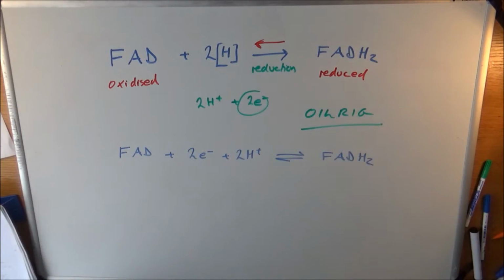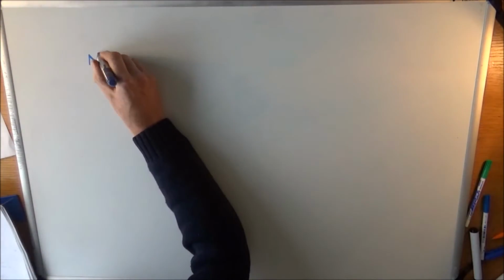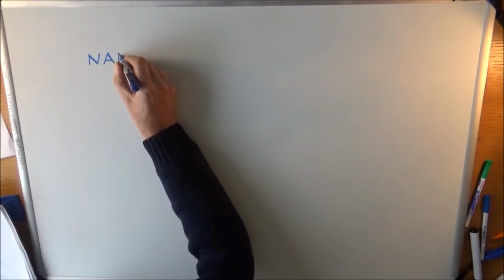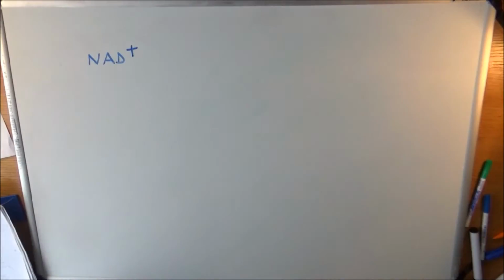Now it's a little bit more complicated with NAD, and a lot of my students say the teachers have told them how they should and shouldn't abbreviate NAD, and I hear all kinds of stories. The thing to remember is that NAD, in its oxidized form, actually has a positive charge.